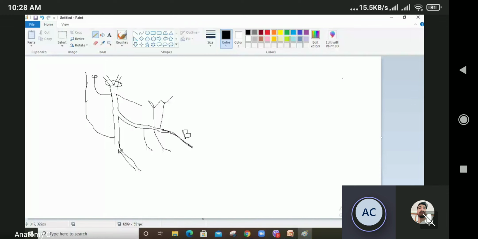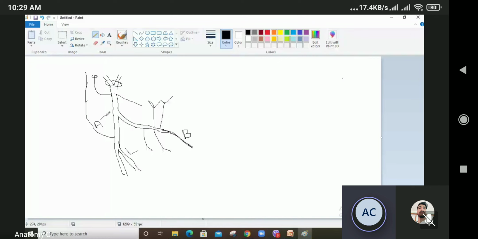This is not the lingual nerve; this is the auriculotemporal nerve, and this is the inferior alveolar nerve.